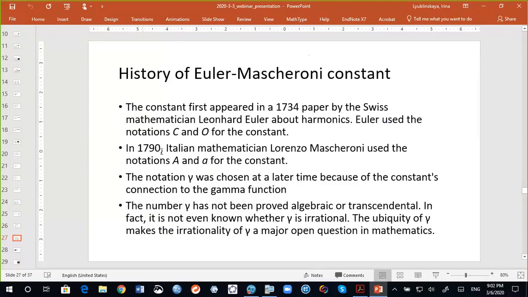Then a little bit later, but independently, Italian mathematician Lorenzo Mascheroni used a different notation for the constant, but also explored it. So we have two names in the name of this number. The notation gamma was introduced later because it was studied along with the gamma function in much more advanced mathematics than our students learn in high school.